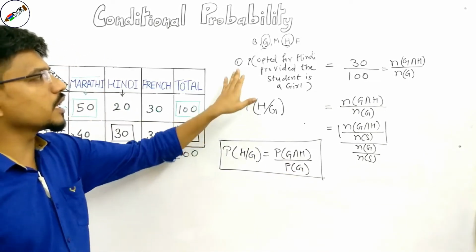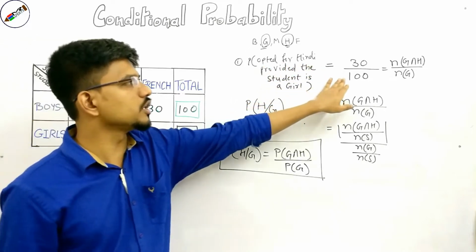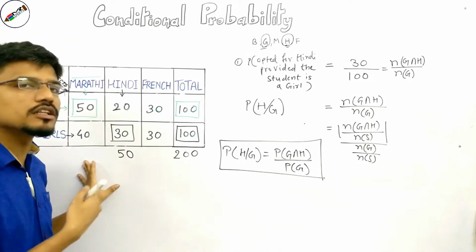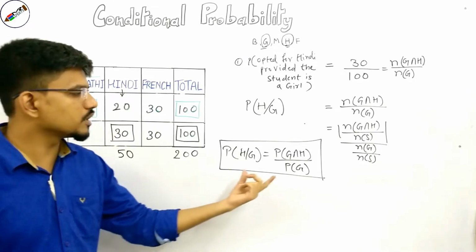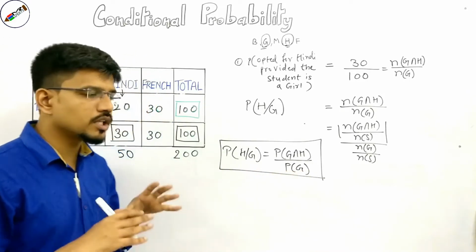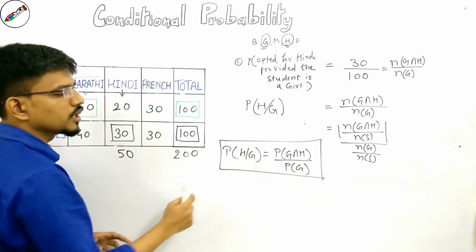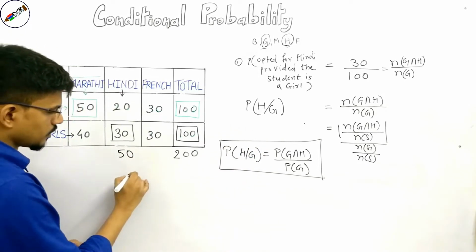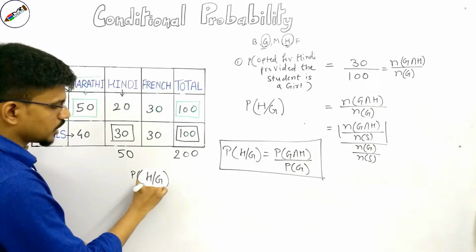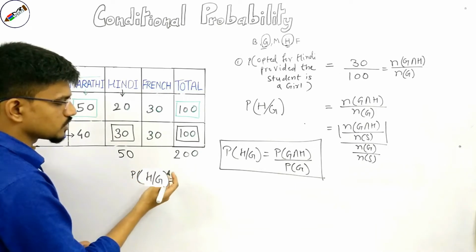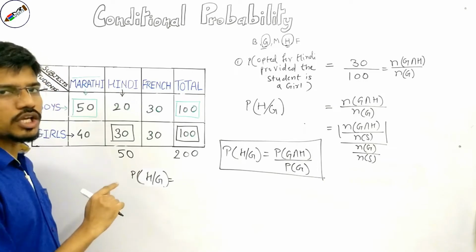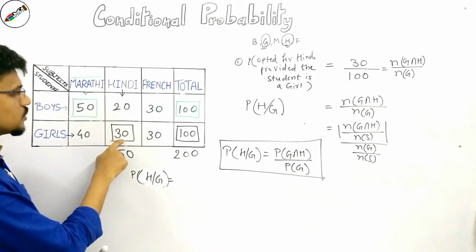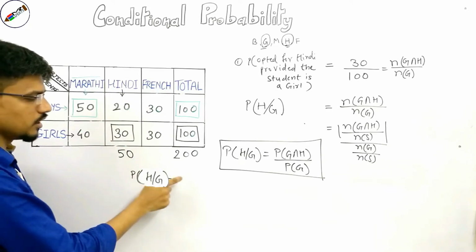Now earlier we had calculated the probability using the table form or actually understanding the meaning of it. Right now we have derived a formula for the same. Now let us try and calculate it using the formula. So I can say that probability of H stroke G is nothing but what? Number of G intersection H, which is nothing but 30.